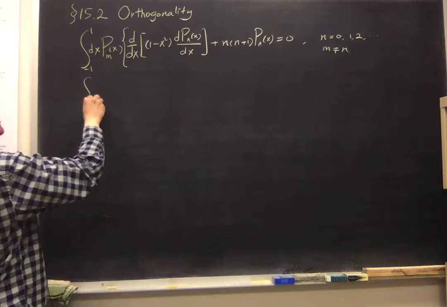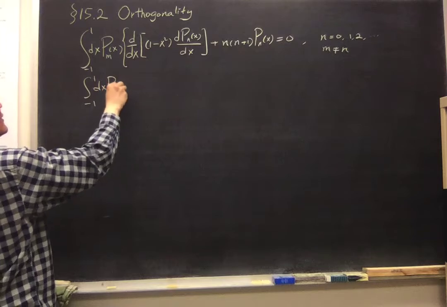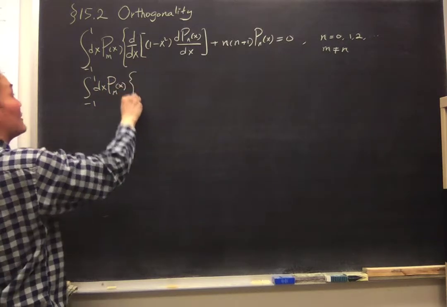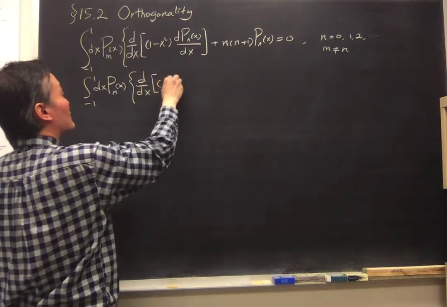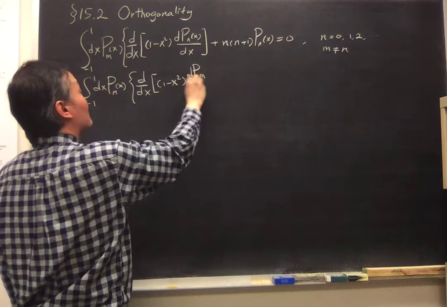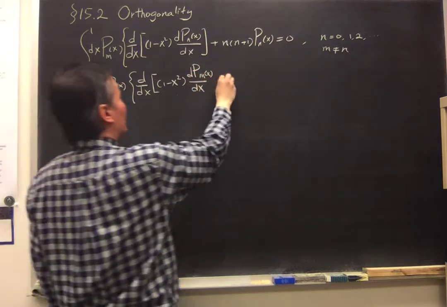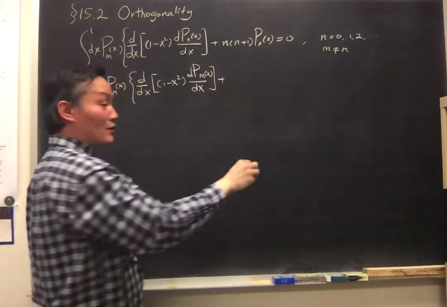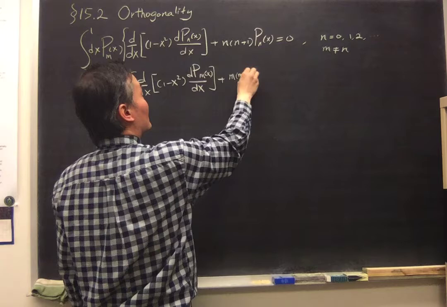So we can write down another equation. Integrate dx, but now you multiply P sub n of x by the Legendre equation for P sub m, and of course the eigenvalue is m times (m plus 1).